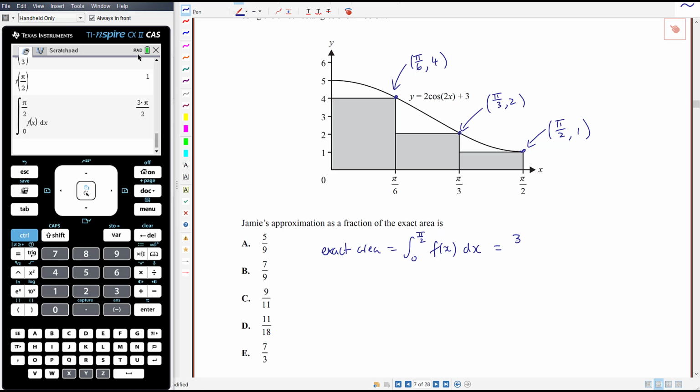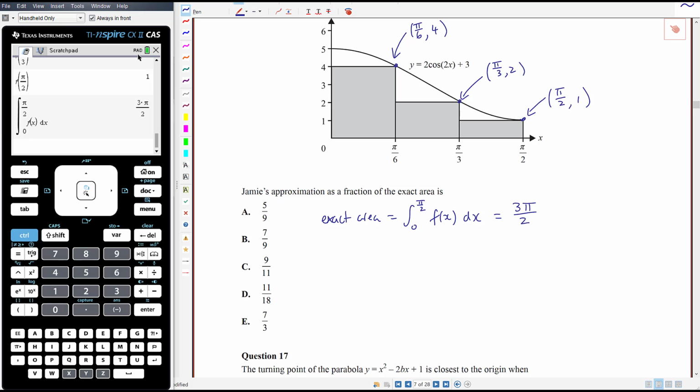So that is 3 pi on 2. And then the approximate area. So each of those rectangles has a width of pi on 6. And so we can just do pi on 6 times the sum of the heights. So 4 plus 2 plus 1, because that's the same as doing pi on 6 times 4 plus pi on 6 times 2 plus pi on 6 times 1. So 4 plus 2 plus 1 is 7, so it's 7 pi on 6.